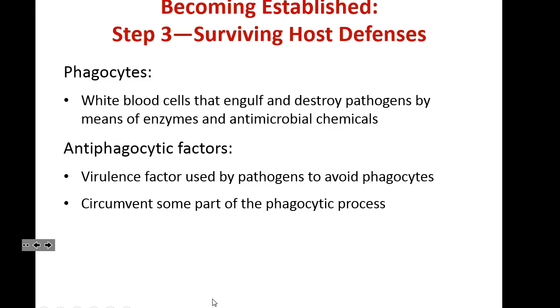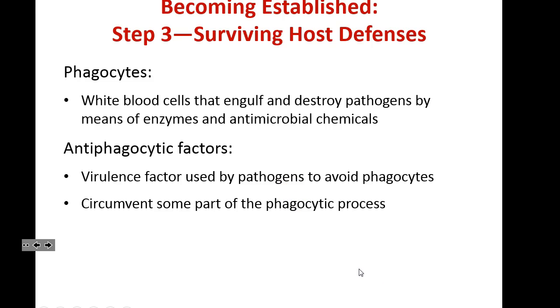So phagocytes engulf the microbe, and the microbe can live inside the white blood cell.